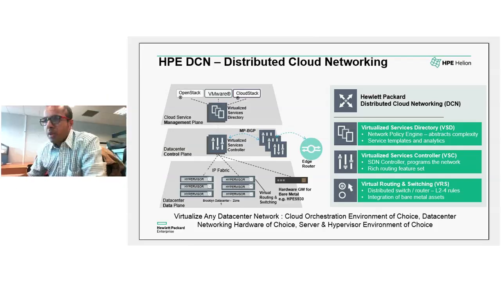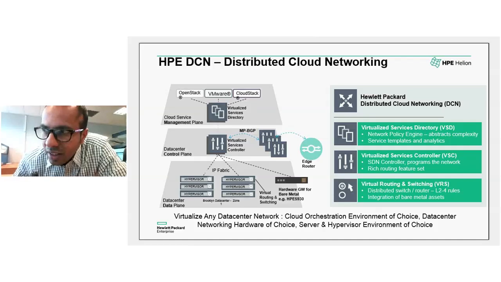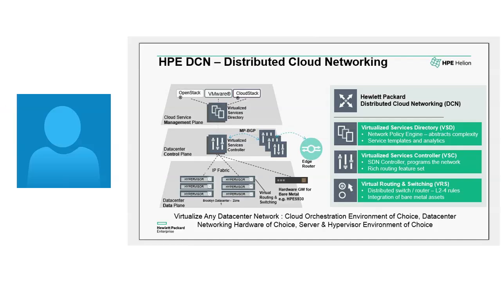The question is whether the VSD and the VSC are confined to the data center, and only the VRS gateway talks across the data center. No, so your VRSG is basically, think of your VRSG as a hardware VTEP.